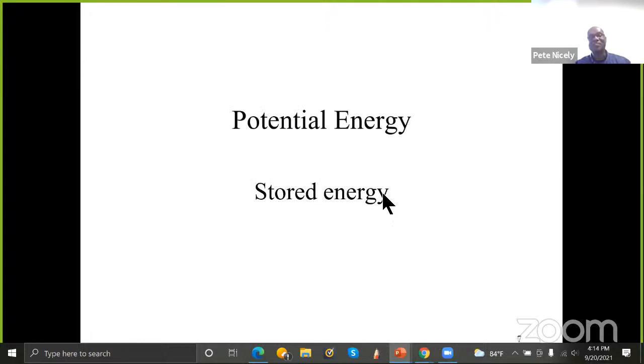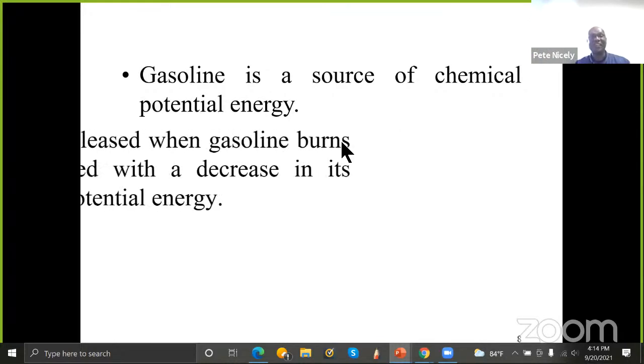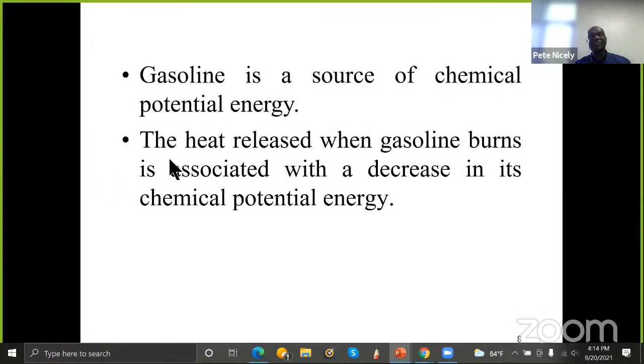Another way of looking at potential energy is as stored energy. A good example of stored energy is the energy stored in gasoline. Therefore, gasoline is considered to be a source of potential energy, and the energy is released in the form of heat when the gasoline burns. As a result, the products of the burning of gasoline will have a lower energy compared to the gasoline itself.